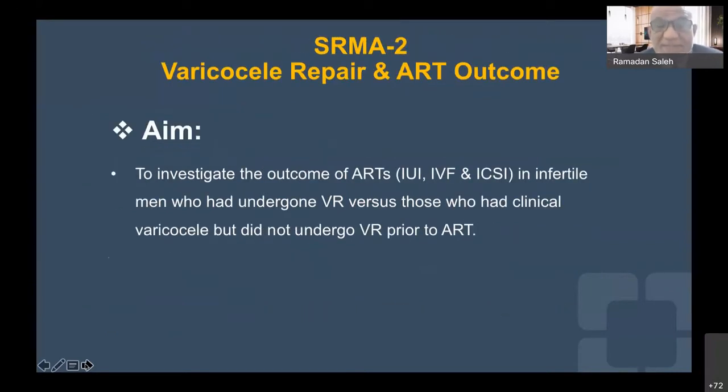So our aim in this systematic review and meta-analysis number 2 is to investigate the outcome of assisted reproductive techniques, including IUI, IVF, ICSI, in infertile men who had undergone varicocele repair, and this group will be compared to a control group of men who had clinical varicocele but did not undergo surgery prior to ART, and they proceeded directly to assisted reproduction. Next, please.